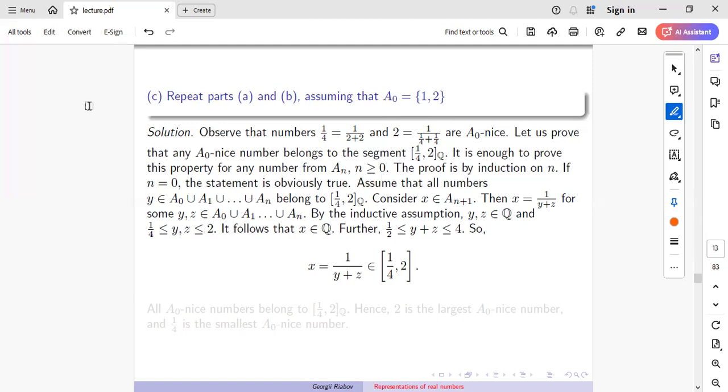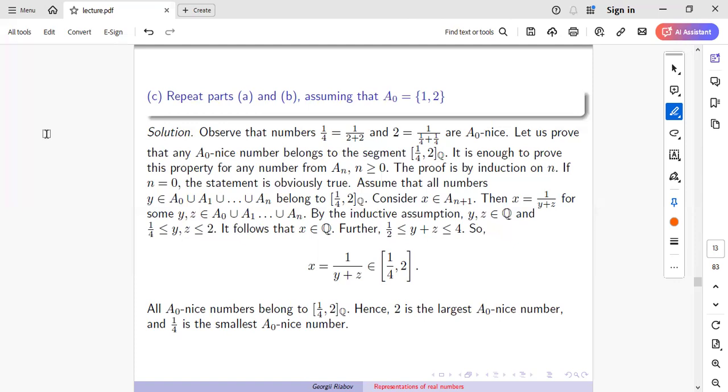Okay, and now let's find all A0 nice numbers in this case. Unfortunately, the approach we used in part B does not work here.